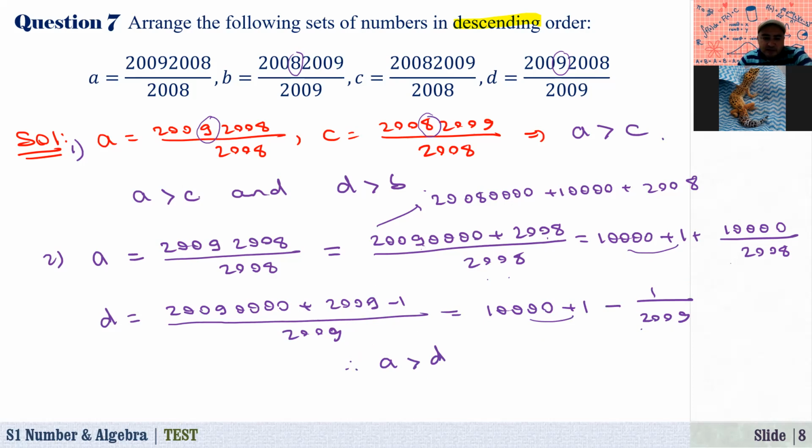So that means A is greater than C and greater than D, and D is greater than B. Now I can write that A is the biggest one, right? Just thinking, is there any simpler way?